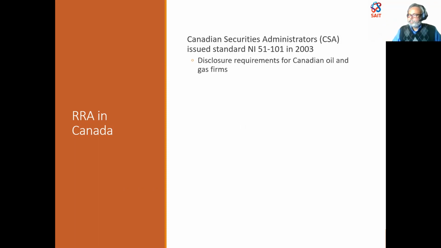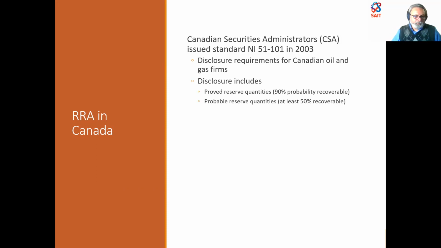Okay, so in Canada, we have similar requirements, but the Canadian regulators, they made some changes with regards to how the numbers should be calculated. The disclosures need to include not only the proven reserves, but also probable reserves.